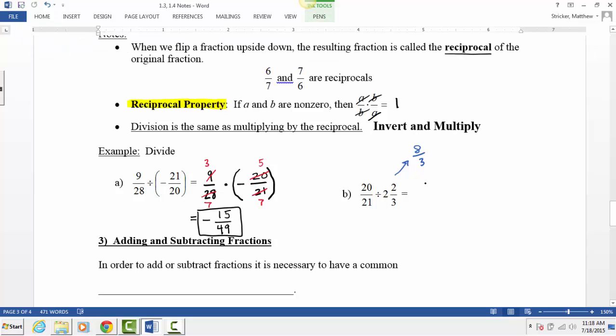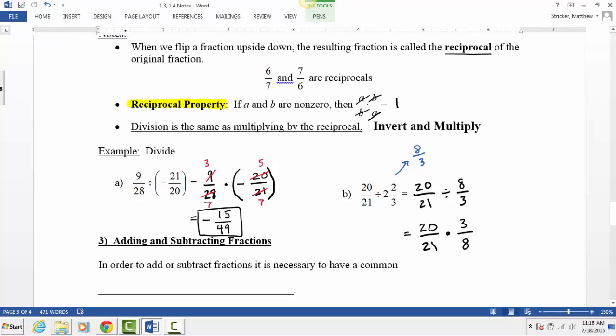So this problem can be rewritten as 20 over 21 divided by 8 over 3. But we don't want to do division, we want to invert and multiply. So we're going to take 20 over 21, turn this divide into a multiply, and then take the reciprocal of 8 over 3, which is 3 over 8.